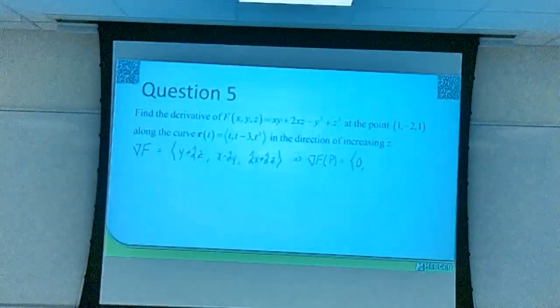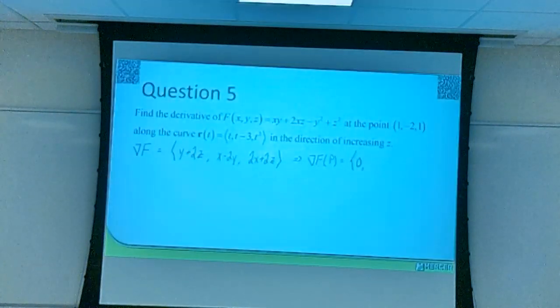Zero. 5. 2 plus 2, 4. Is that the gradient point?